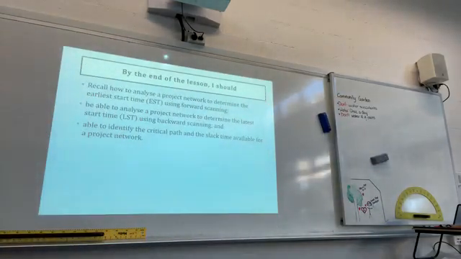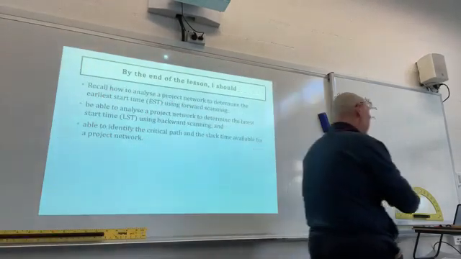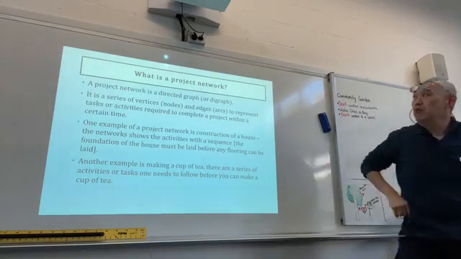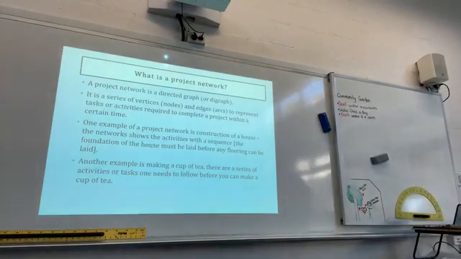So forward scan, I went through it with you on Friday. This bit sounds like a lot, but it's pretty much all tied in together. Now, just to recall, a project network is a directed graph or digraph.